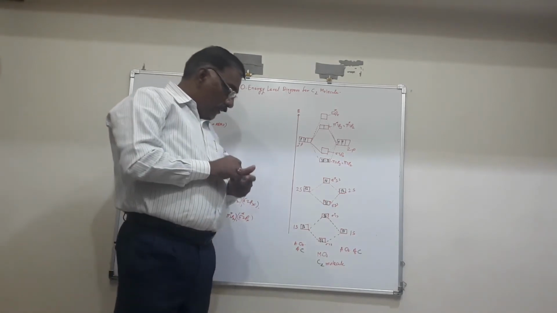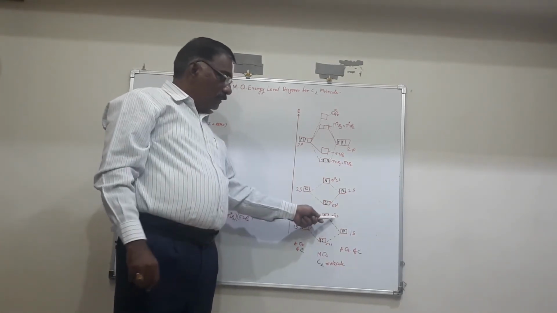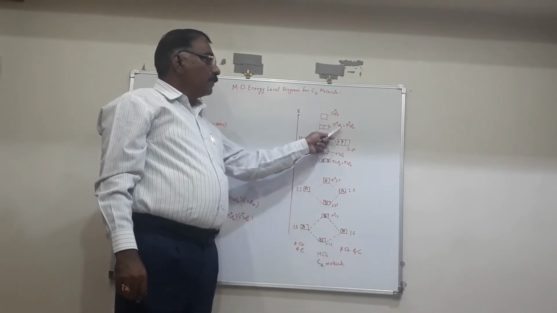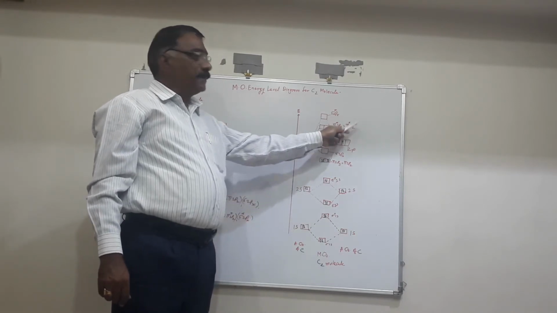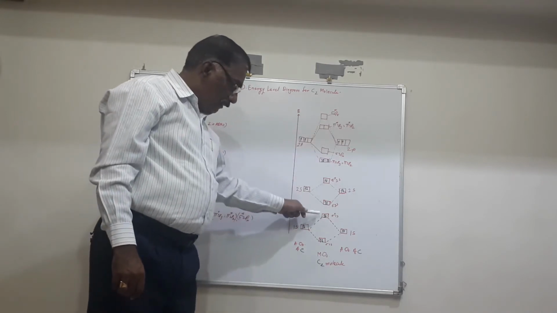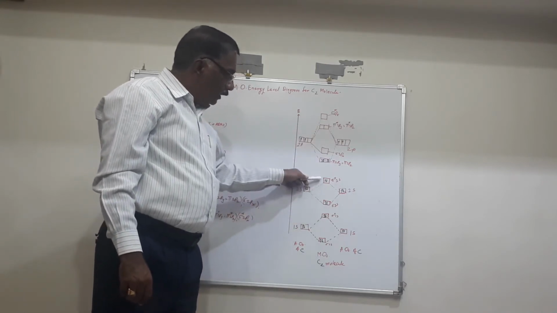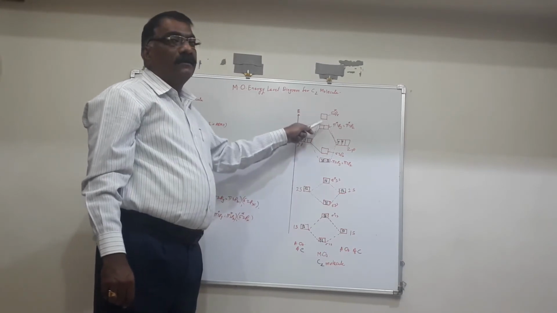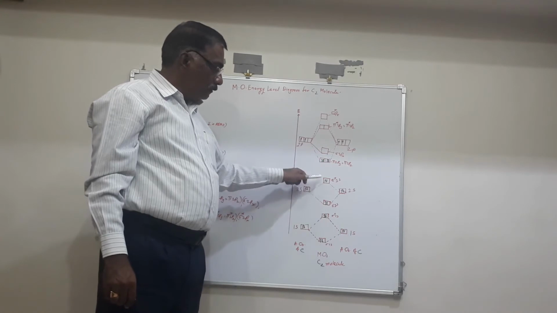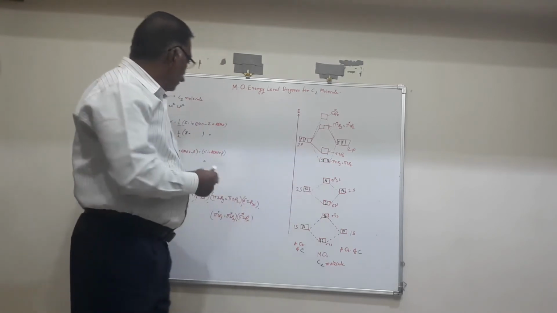Now the ABMOs are sigma star 1s, sigma star 2s, pi star 2py, equivalent energy pi star 2pz, and sigma star 2px. Here there are 2 electrons, here there are 2 electrons, and these others are vacant, unoccupied orbitals. Now we can have the summation: 2 electrons plus 2 electrons is 4.